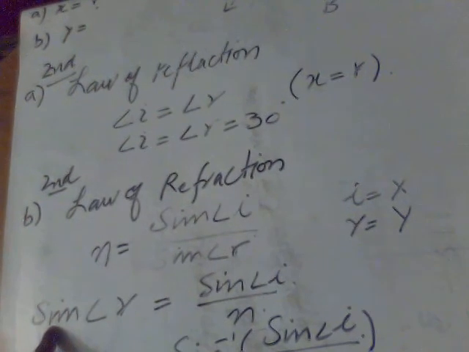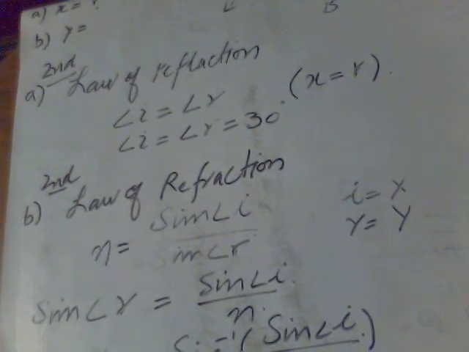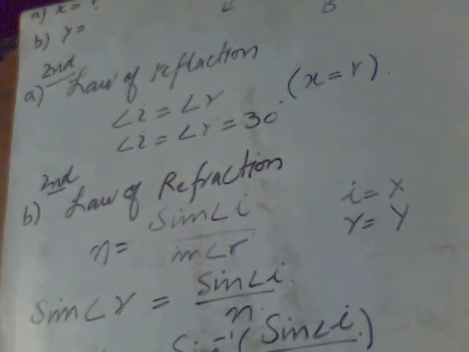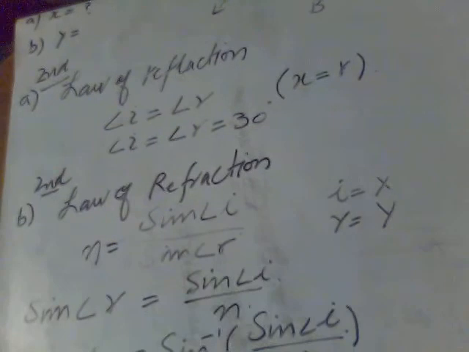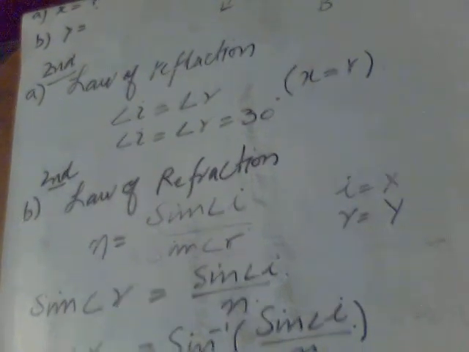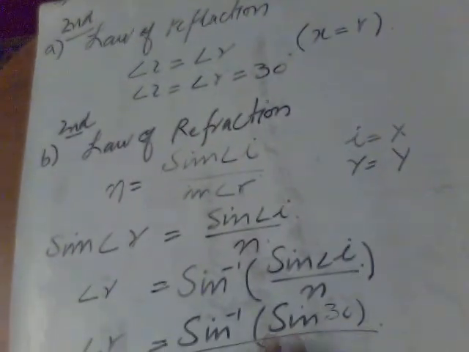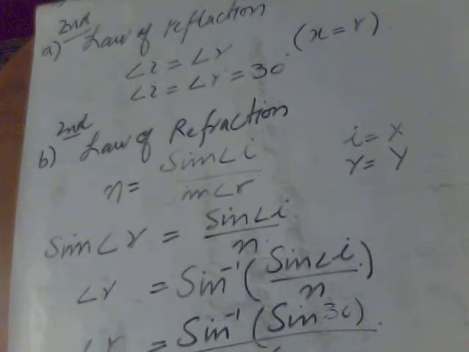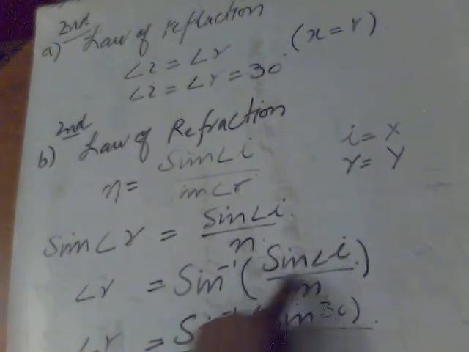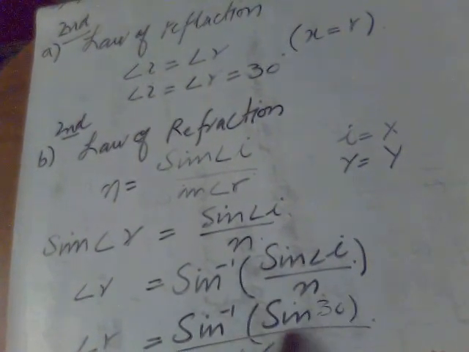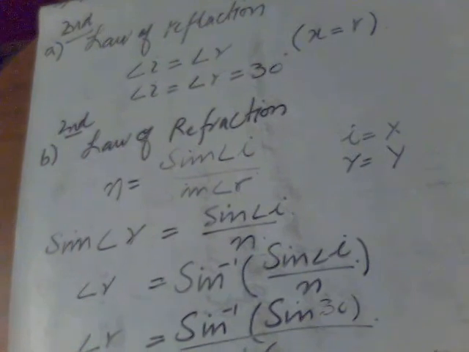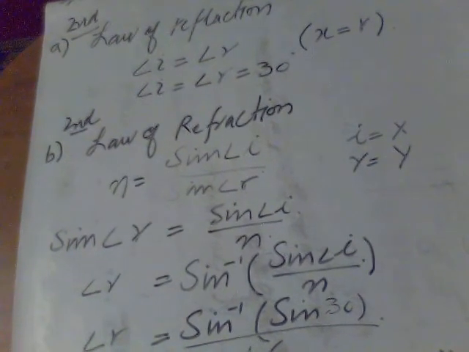So r is sine inverse of sine of angle i, sine 30, divided by the refractive index, 1.6.